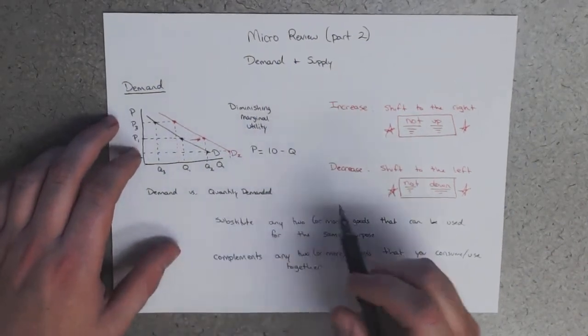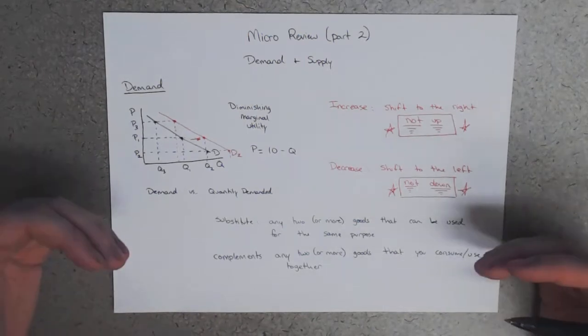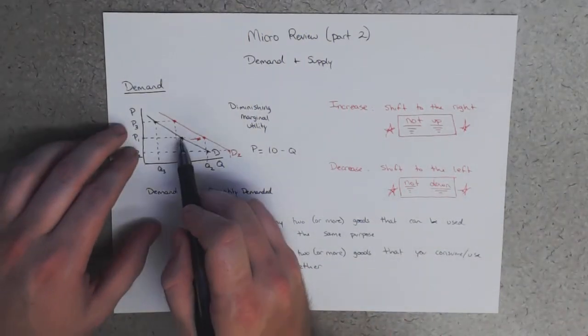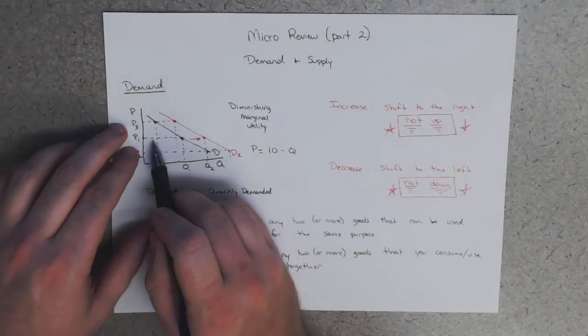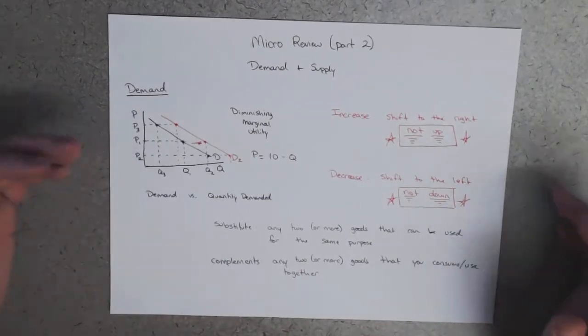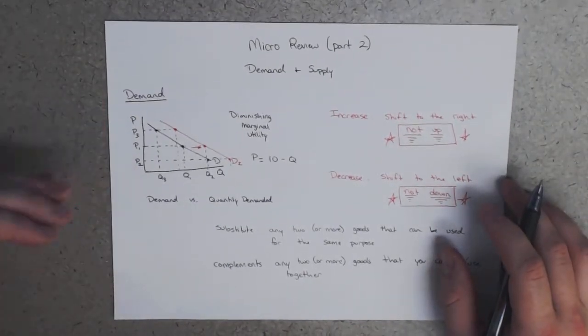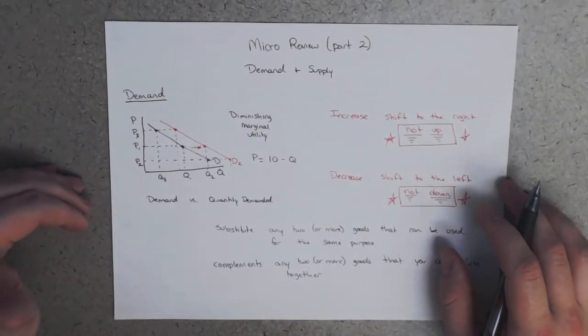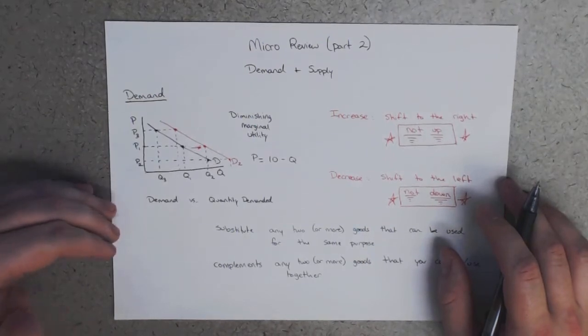Because you're going to want to buy more hot dog buns to go with your hot dogs. And if the price of hot dogs rises, your demand for hot dog buns is going to decrease. It'll shift to the left. And the reason again is because if you're buying fewer hot dogs, you need fewer hot dog buns.